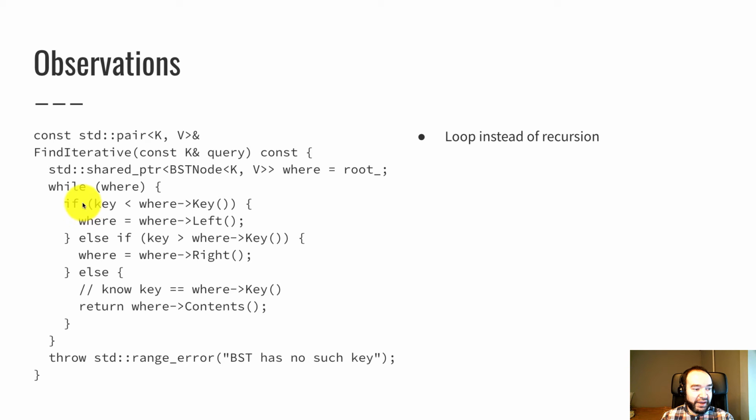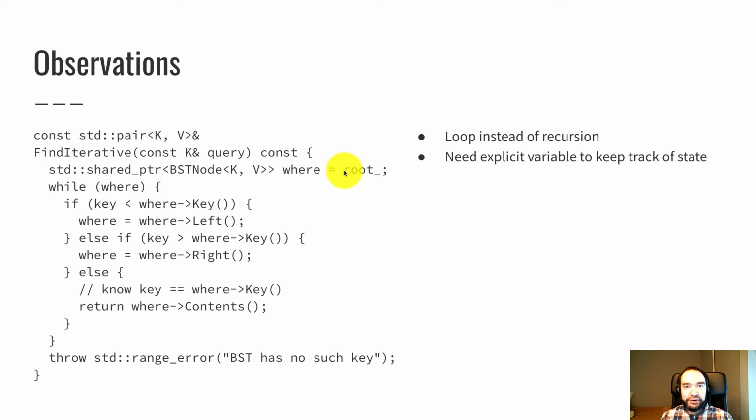One difference, though, is that the code here has to have a while loop. Of course, the recursive code did not have a while loop because it was using recursion to repeat things. So in one way, this is maybe a little bit more complicated because it has a loop in it. The other recursive function only had if statements. Another change is that we need an explicit variable to keep track of the state of the search. So we need to create this where variable.